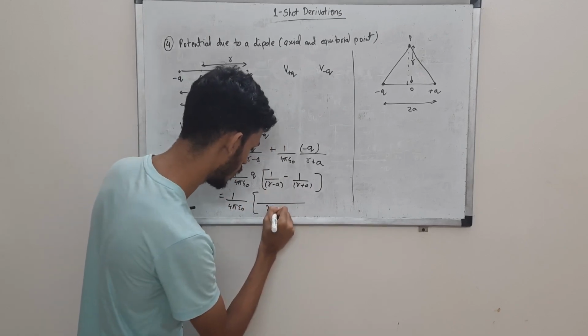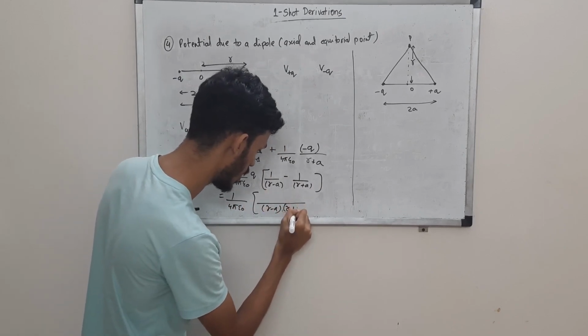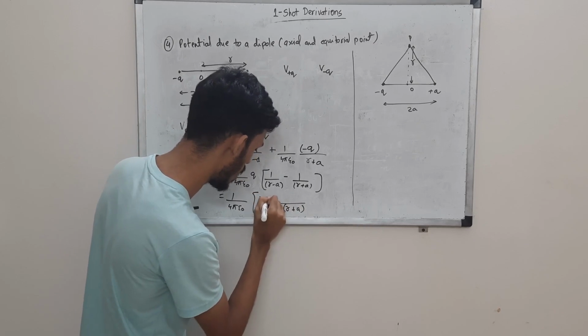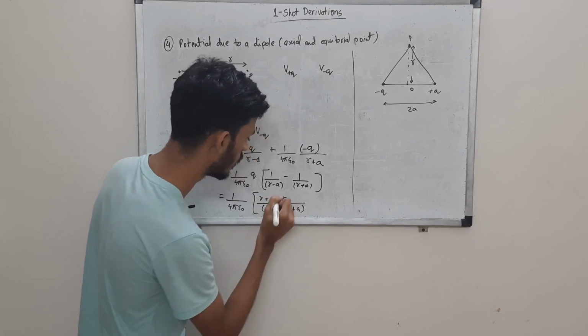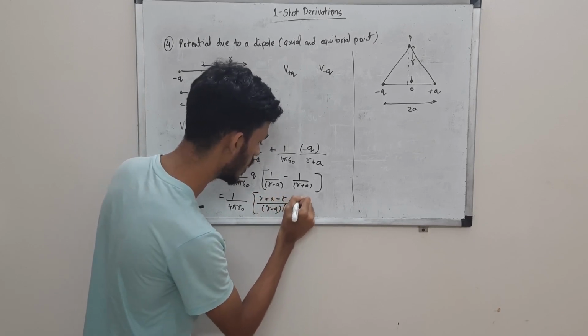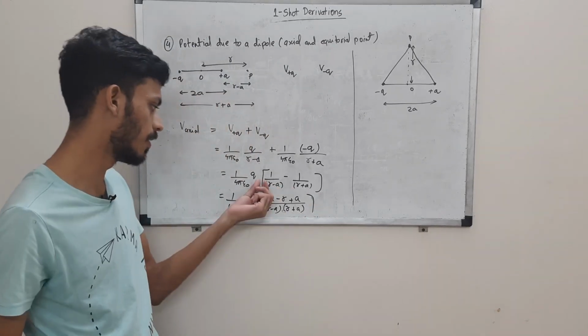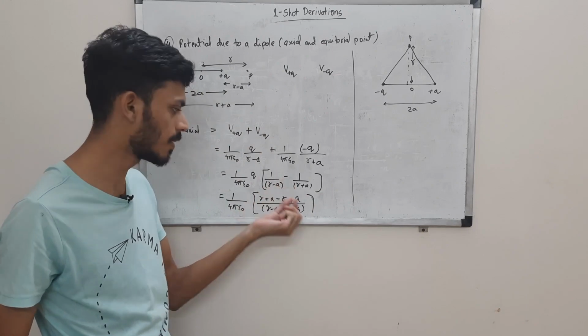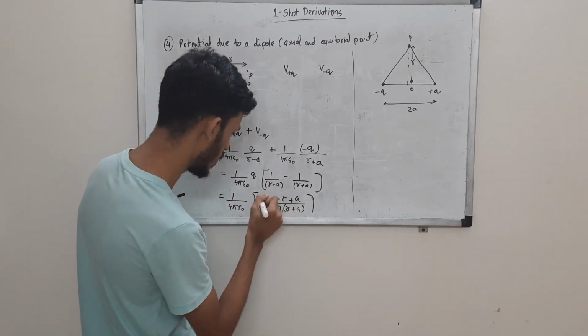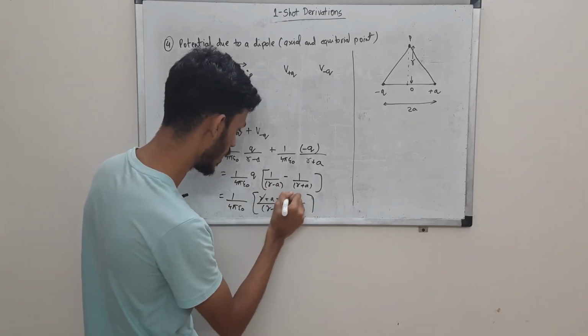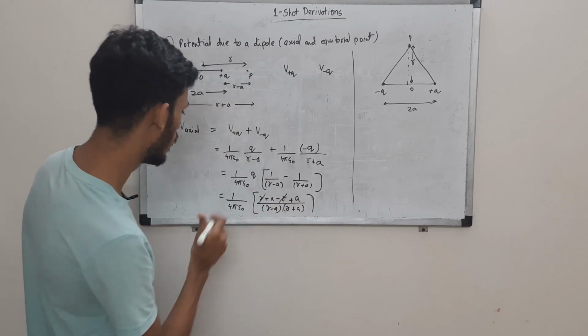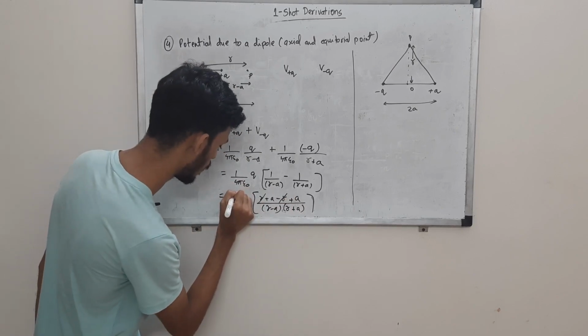This will get multiplied, r minus a, r plus a. This will be r plus a minus r minus a. This is r minus a, and minus of that will be minus r, minus into minus plus a. So this r will get cancelled, and what do we have with us? Here there is a q.